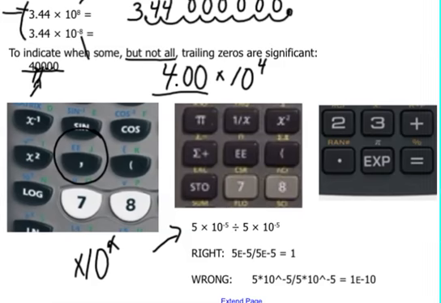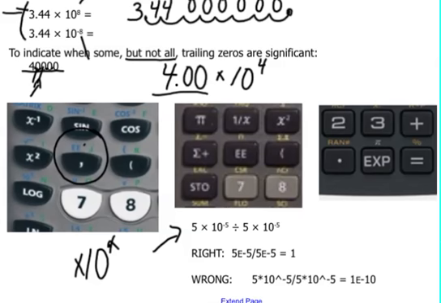If you do 5 times 10 to the negative fifth divided by 5 times 10 to the negative fifth, you know that the answer has to be 1, because it's the same thing divided by itself. If you type it in properly using the double E button, you will get the answer 1.